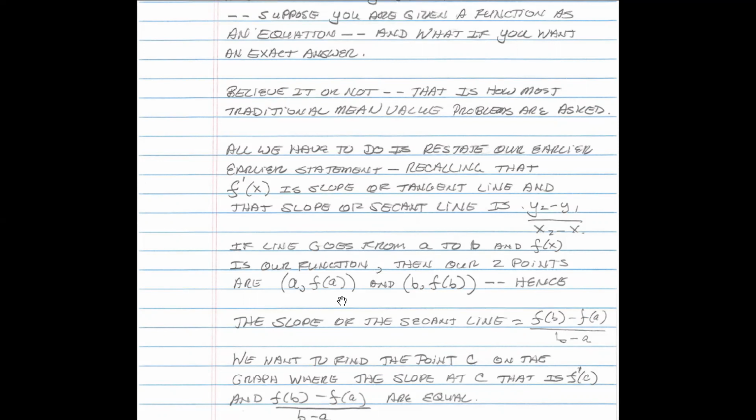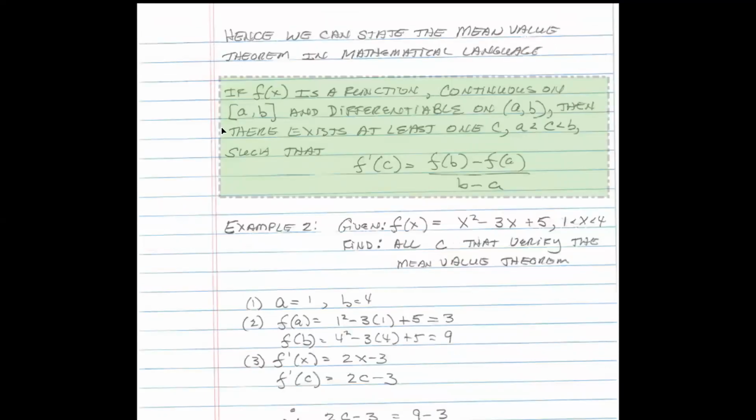And we've talked a lot here. Let's go over and see, make it a little more formal, and I think it'll be clear to you. Here's what we're saying. If you have a function that's continuous and differentiable, then there's at least one C between A and B such that f of B, that's the y-coordinate of your endpoint, minus f of A, that's the y-coordinate of your starting point, over B, which is your endpoint, minus A, which is your starting point, there's some function value C, and this is the slope at C, it's f prime of C, they're equal to each other.